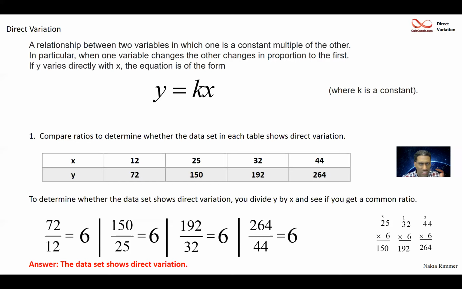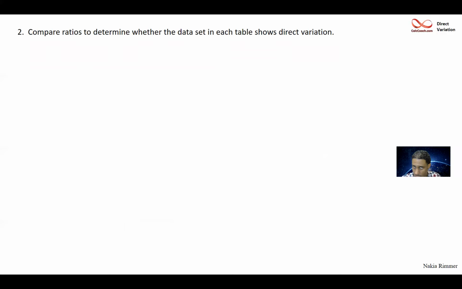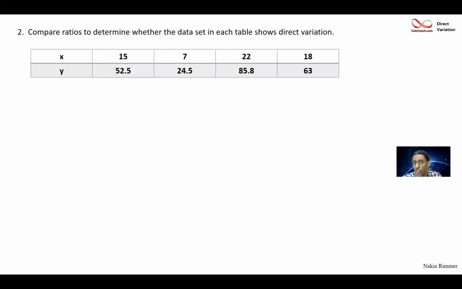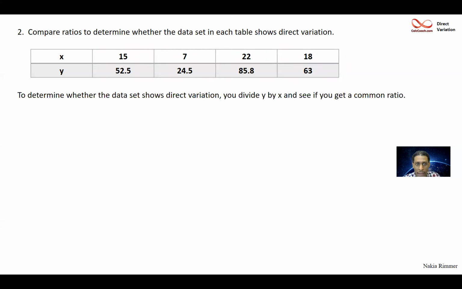Now we look at number 2. Same type of question, different chart with decimals in it. Same process. Divide y by x. Okay, so what does the decimal do to complicate things? We're not going to know the factors as easily, so we're going to long divide. 15 into 52.5. 15 goes into 52 3 times.